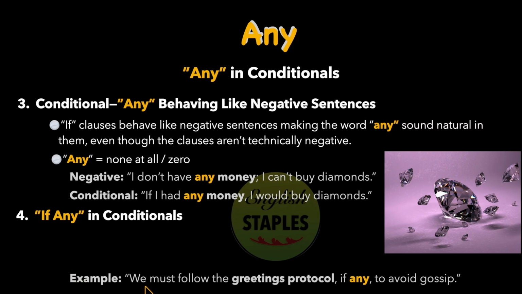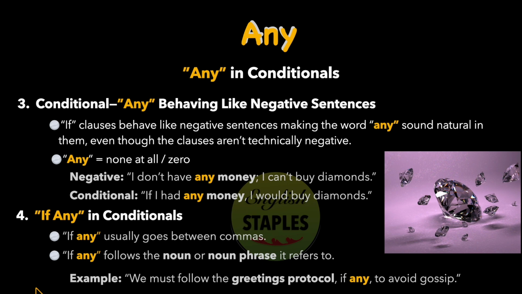The fourth point, the phrase if any in conditionals. Example: we must follow the greetings protocol, if any, to avoid gossip. If any usually goes between commas, and we can see that here. Here's a comma, if any, then comma again.